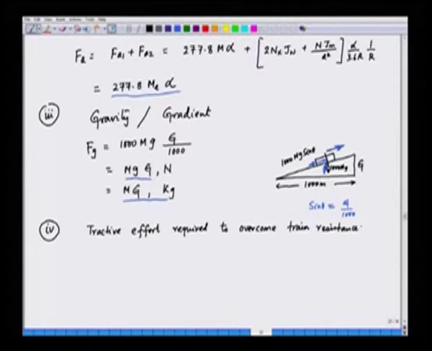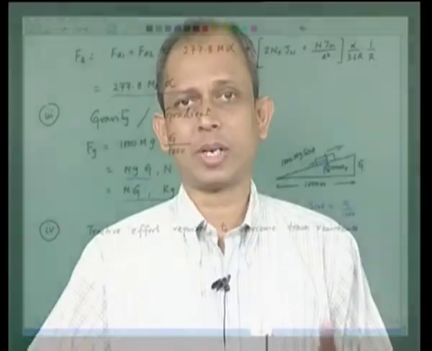Now, this tractive effort is difficult to estimate, because this resistance could be internal resistance, it could be external resistance, it could be resistance with the air or the friction with the air. So, this is basically modeled as Fr is equal to A plus Bv plus Cv square in the following way. So, if we want to find out an expression for this, it will be a complicated expression as follows.